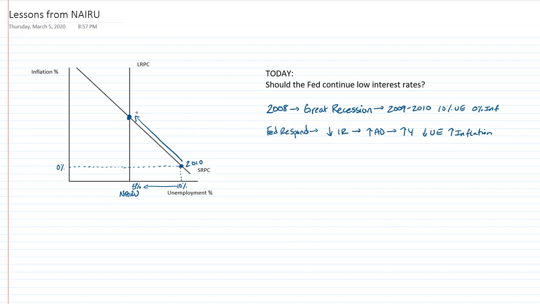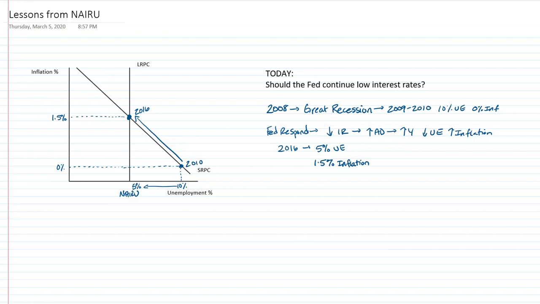It turned out that rate of inflation was somewhere around 1.5%. So by 2016, we were down to about 5% unemployment and about 1.5% inflation.